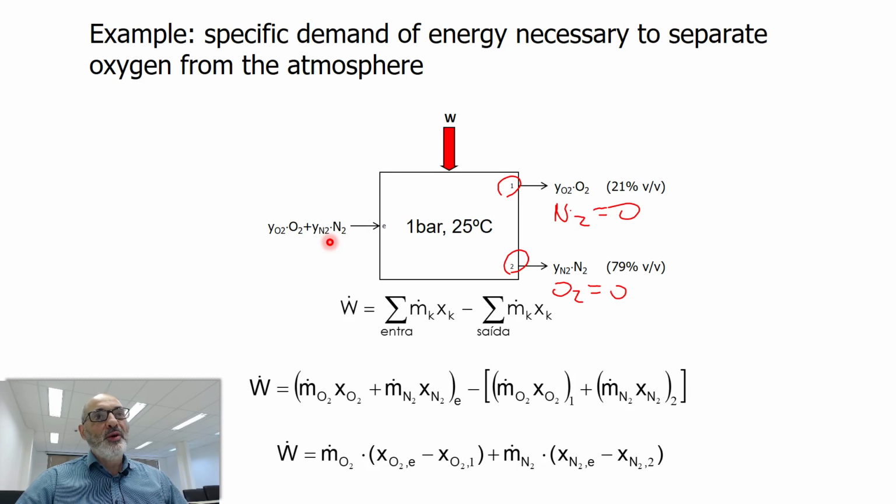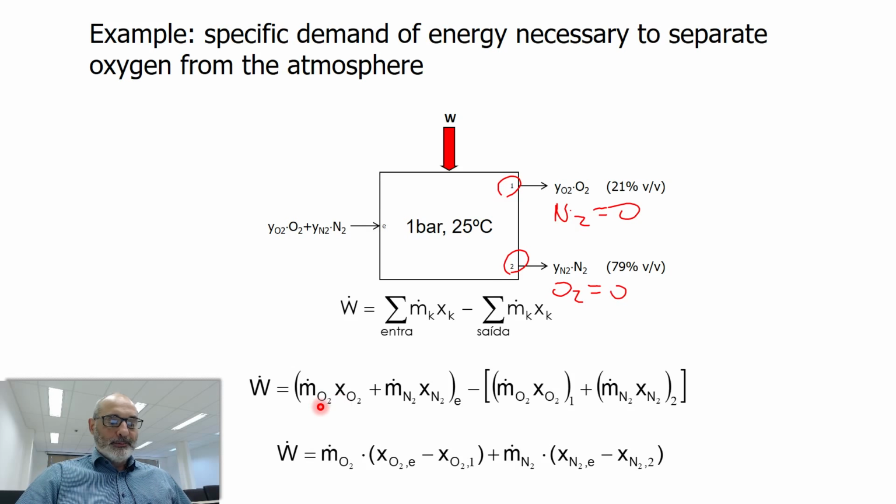Mass flow rate or molar flow rate, it's indifferent right now. So the amount of exergy that is entering is the mass or molar flow rate of oxygen times the corresponding concentration. If M is a molar flow rate, X is a molar concentration, okay?